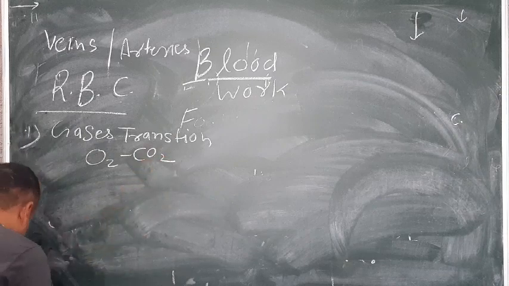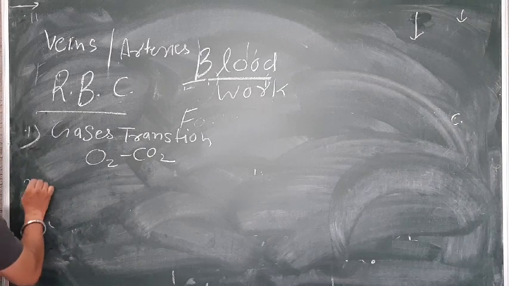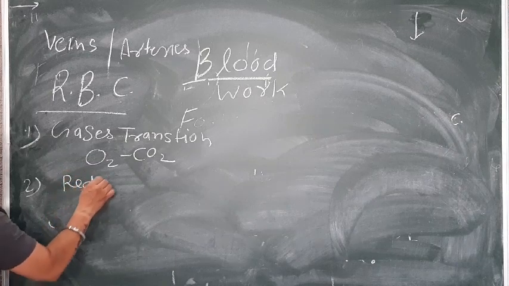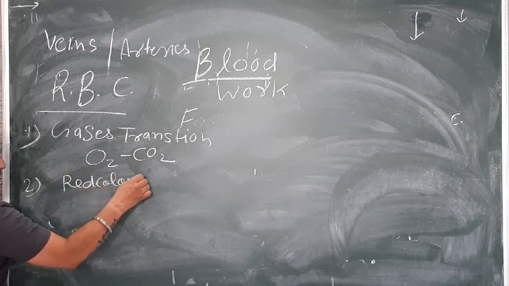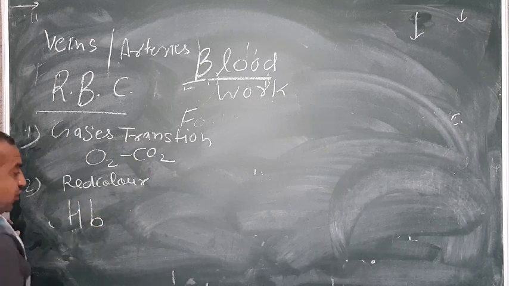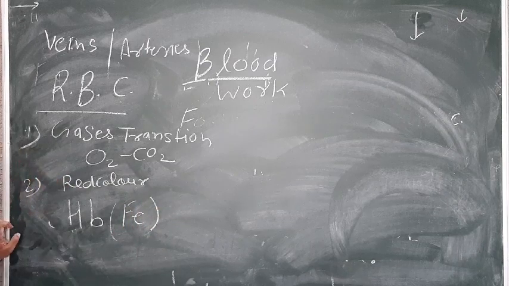O2 oxidizes our body food and carbon dioxide is released from our body parts. Second, the red color comes from the region of Hb. Hb is known as hemoglobin, and it contains a metal called iron.